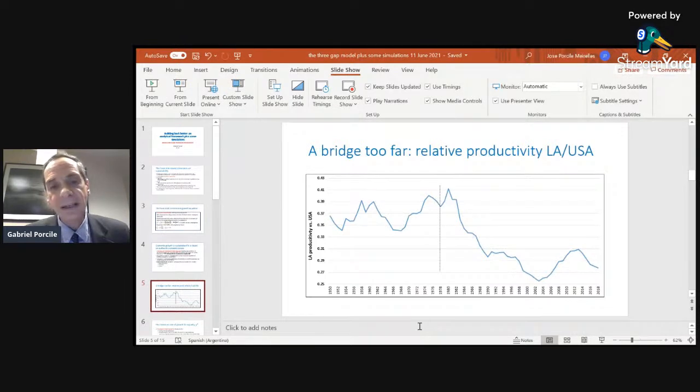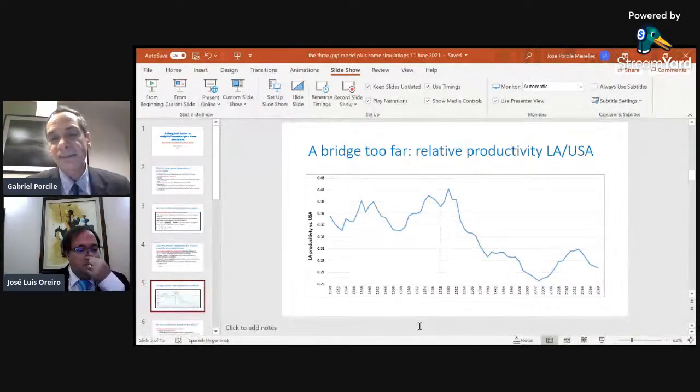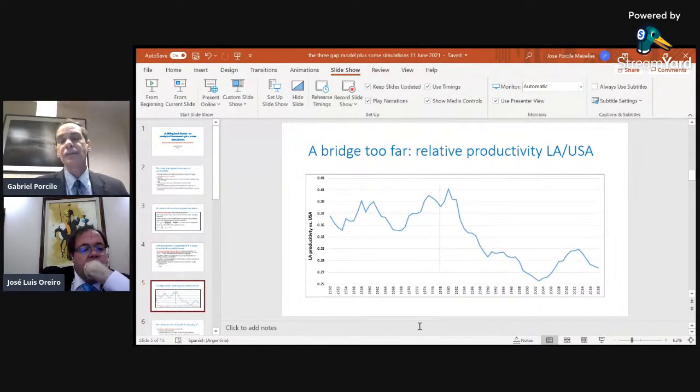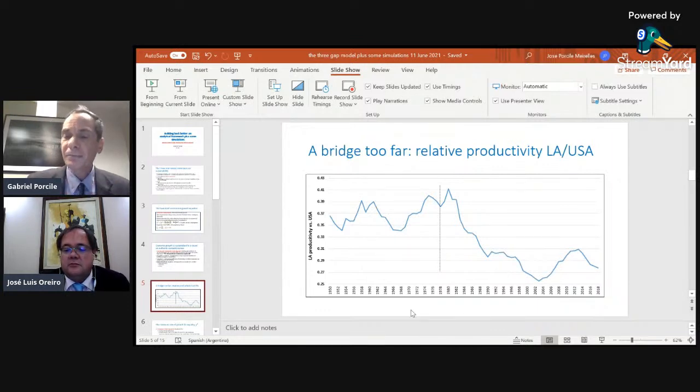And you clearly see how we have lagged behind the United States, how the technological challenge, which is behind these trends in productivity, is so critical for Latin America. So, economic growth, sustainable from an economic point of view, related to technology, to productivity, to the transformation of the production structure.